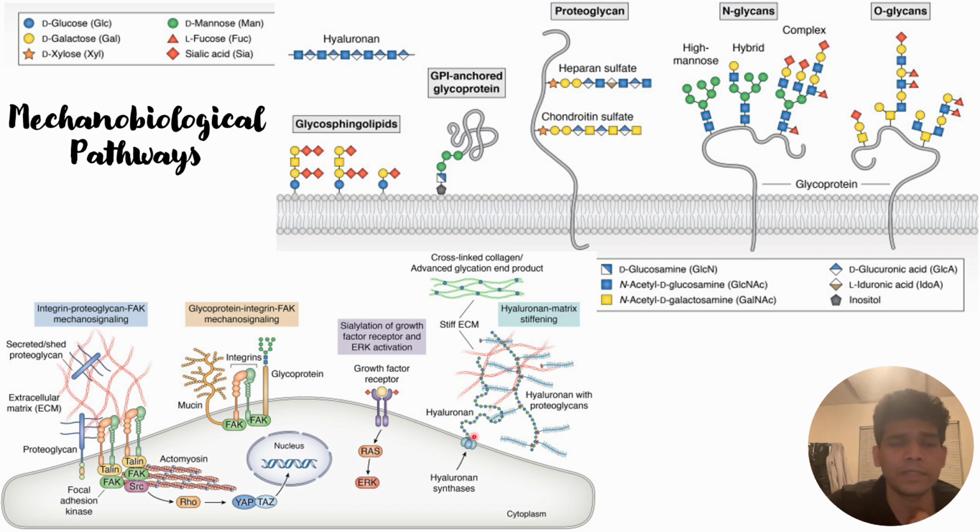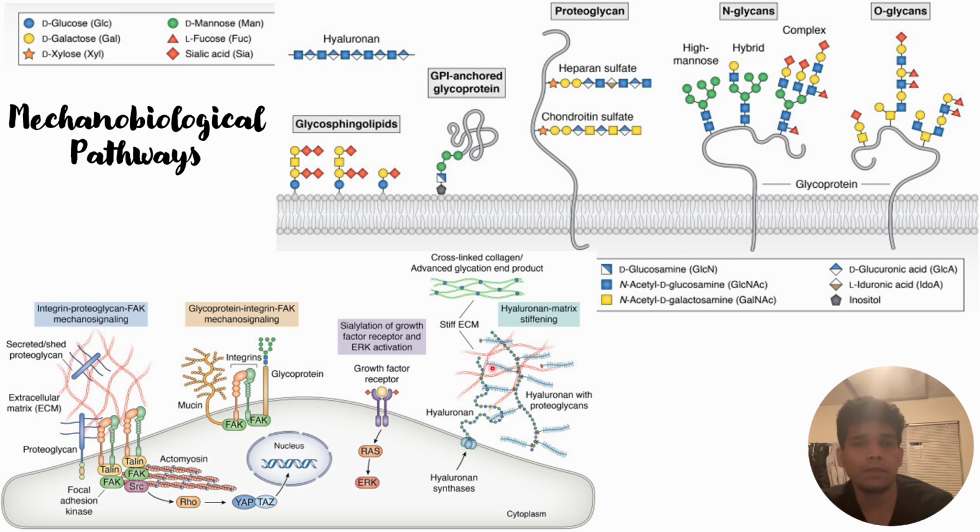The last one is because of the overexpression of the glycans, which sometimes might lead to a change in the morphology of the cell membrane, and in some cases it cross-links because of the overcrowded glycan structure.